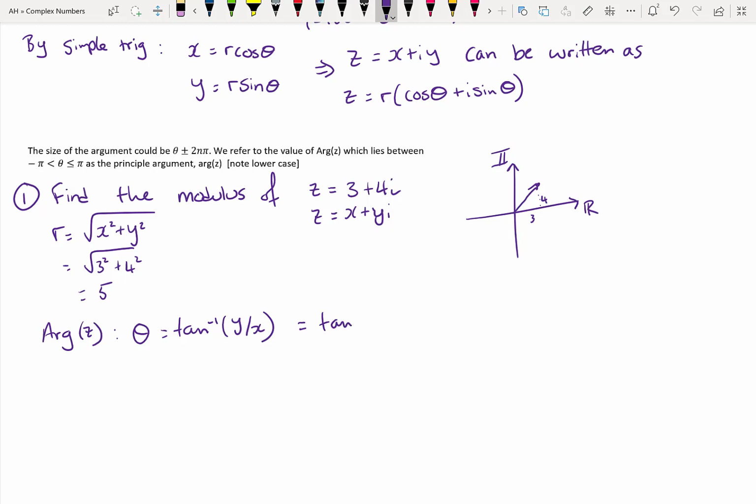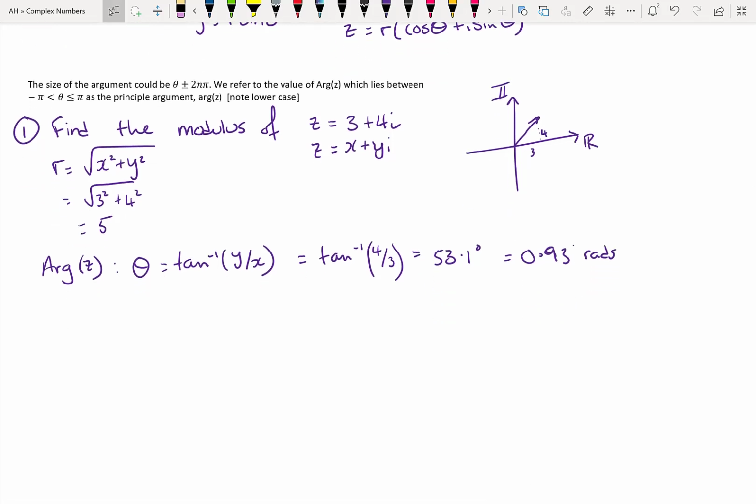So we've got the inverse tan of my y value, which was 4, over my x value, which was 3, so inverse tan 4/3, and that is going to give me 53.1 degrees, which is the same as 0.95 radians. No, it's not. I typed that in my calculator wrong. 0.93. There you go. Happens to the best of us. 0.93 radians.